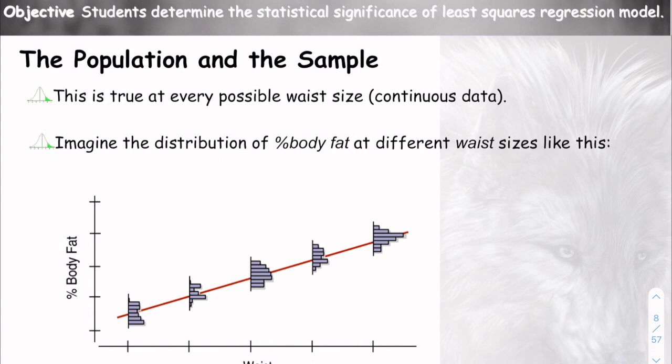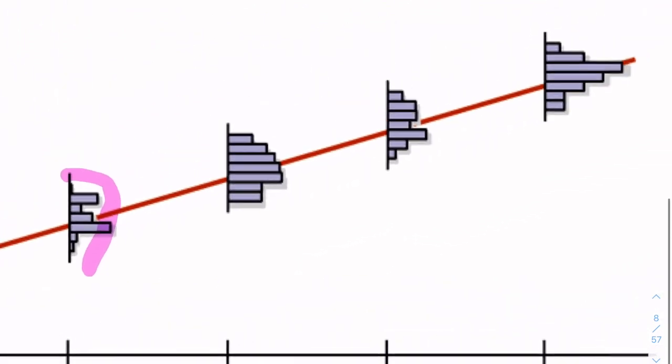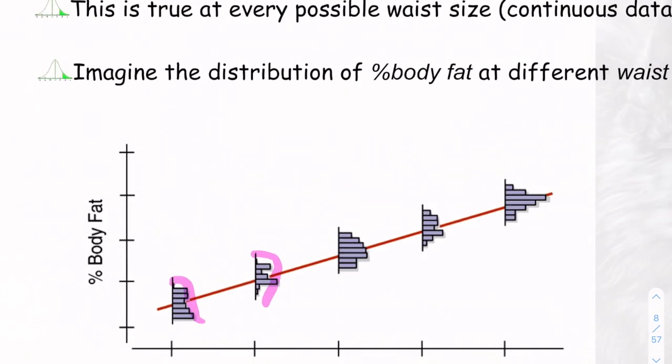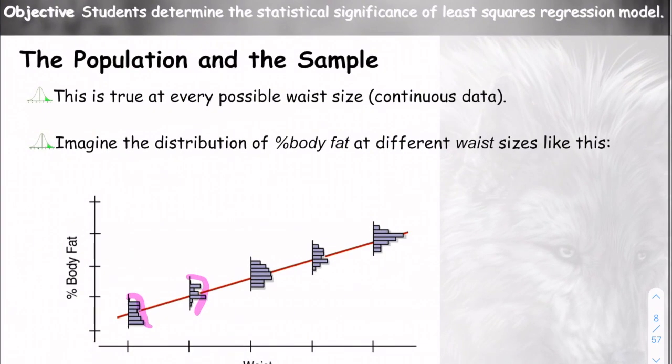And it's continuous. So imagine if we had the distribution of percent body fat at different waist sizes. So we have 32, and it has its own distribution. And then we have 33 or 34, and each one of these distributions falls along our least squares regression model. This is what we're trying to extrapolate and infer upon, from our sample data to our larger population.